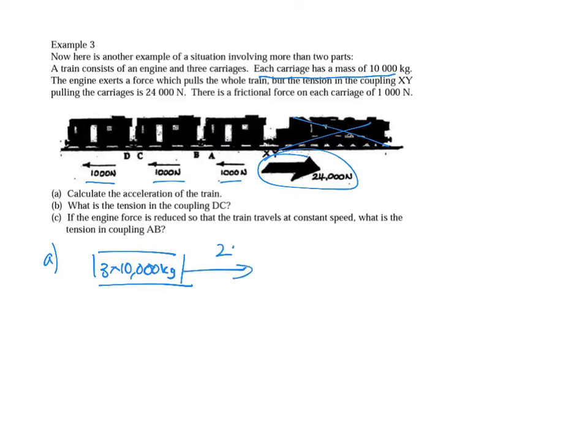And then we know it's getting pulled. All 3 carriages together are getting pulled with 24,000 newtons of force in that direction. And we have total frictional forces of 3,000 newtons. In actual fact, that arrow should probably be joined onto the object. The SQA are fussy about that when you draw it, so we should probably put it there.